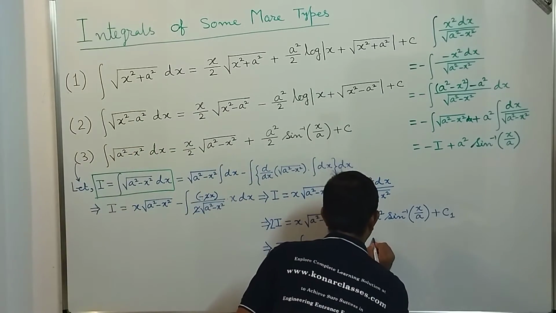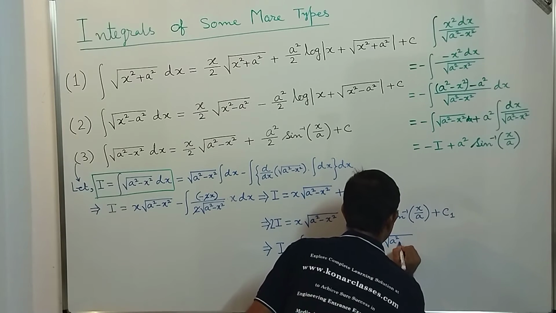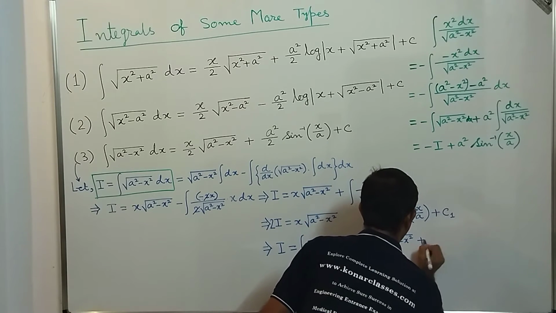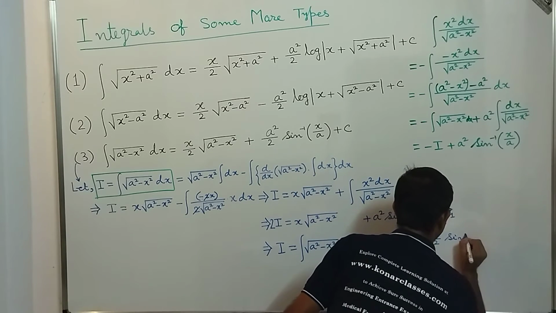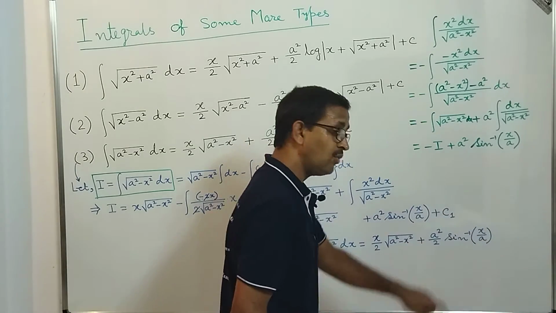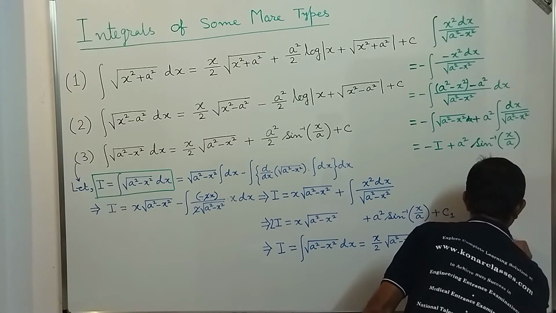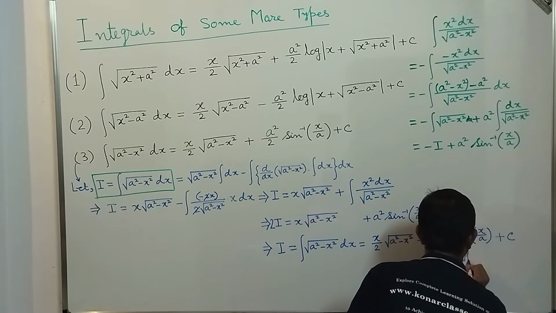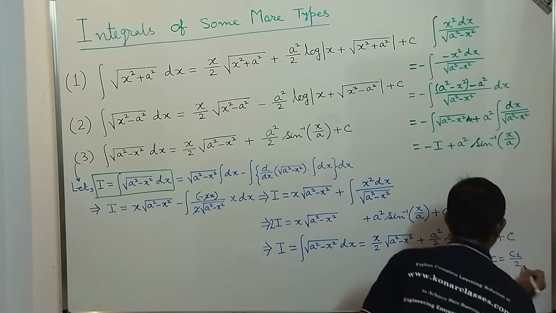So that is equal to x by 2 into square root of a square minus x square plus a square by 2 into sine inverse of x by a plus c1 by 2. c1 by 2 is nothing but a new constant called c, where c is equal to c1 by 2.